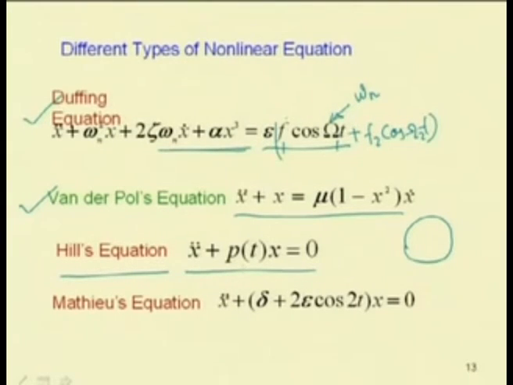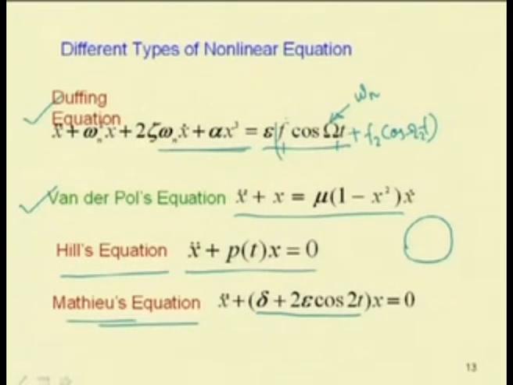So, if one replaces this p(t), this periodic function, by delta plus 2 epsilon cos 2t, then this equation is known as Mathieu equation. So, this Mathieu equation is a special case of Hill's equation.